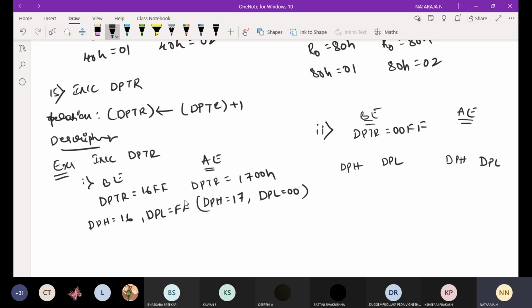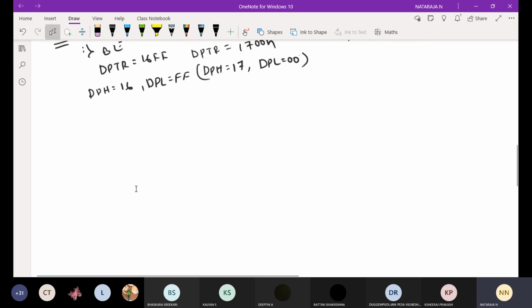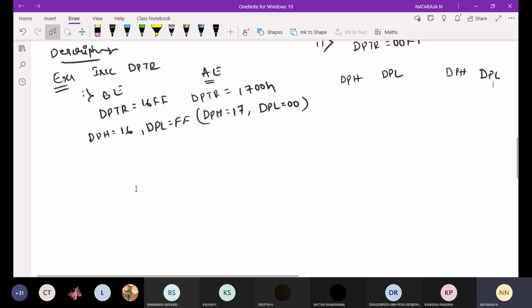These are the different increment instructions. Next we'll have the decrement instructions.